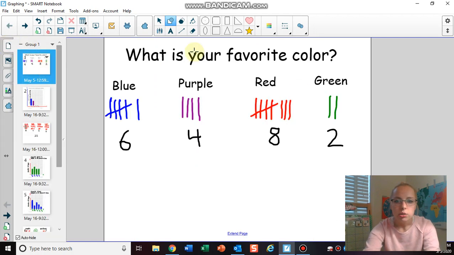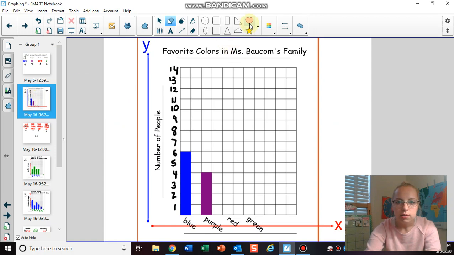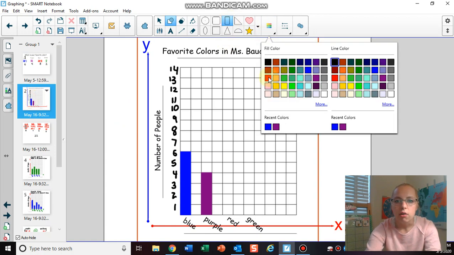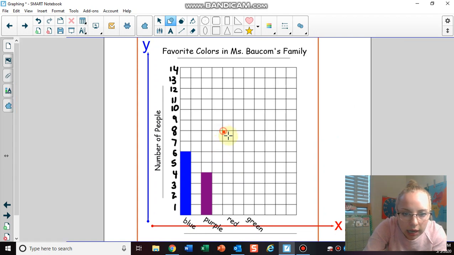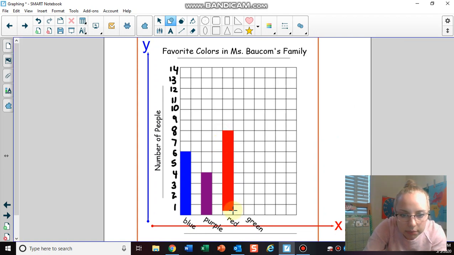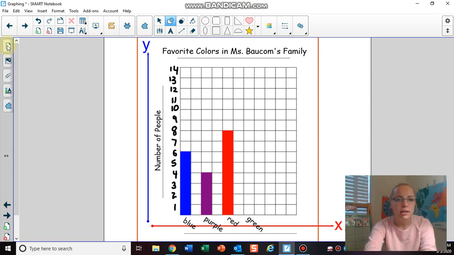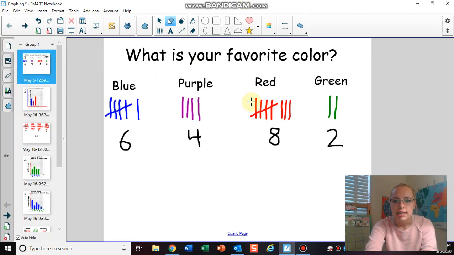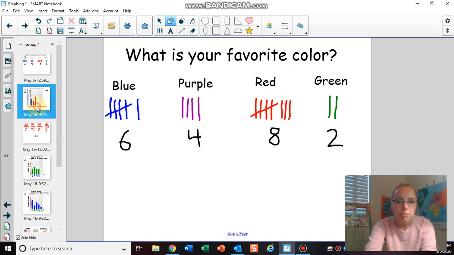Now let's go back to our red. We see that 8 people liked red the most. So I'm going to come and make a red bar that lines up with the 8. And finally, I see that 2 people like green the most.